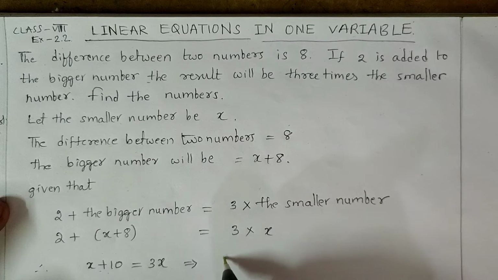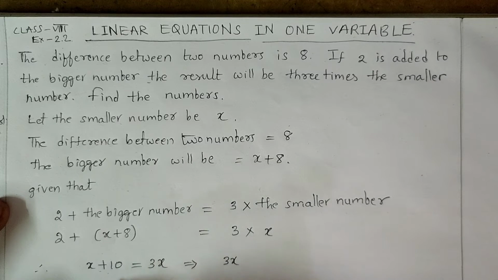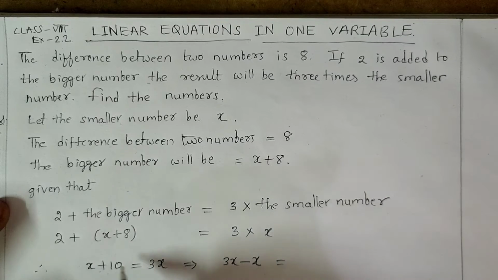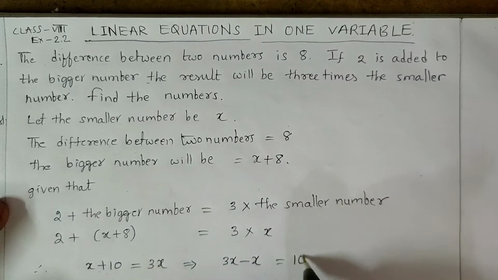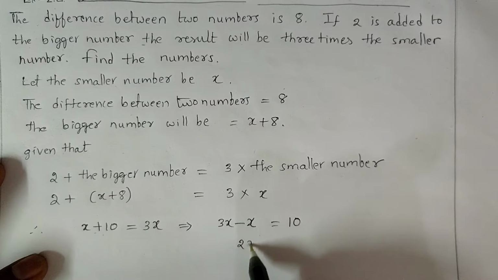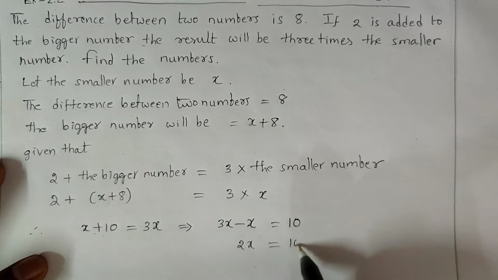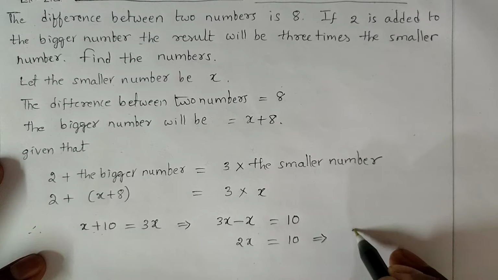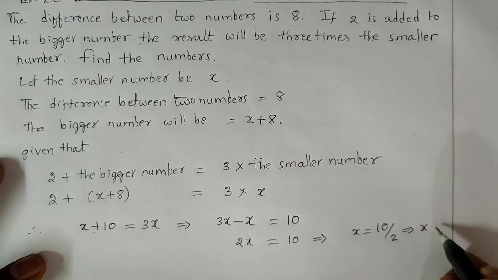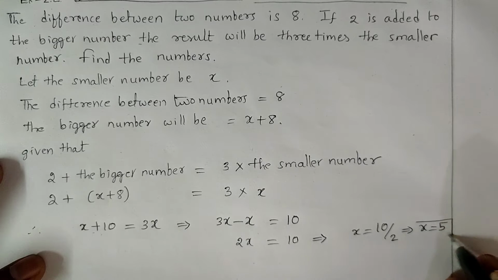That implies, if you transpose that x to the right hand side, it will become 3x minus x equals 10. We know that 3x minus x is 2x, that equals 10. If you take the 2 to the right hand side, it will become 10 by 2. 10 by 2 is equal to 5.